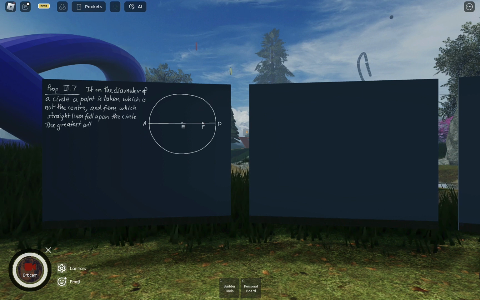The greatest will be the line through the center, that's FA. The least is the line on the diameter not meeting the center, that's FD.